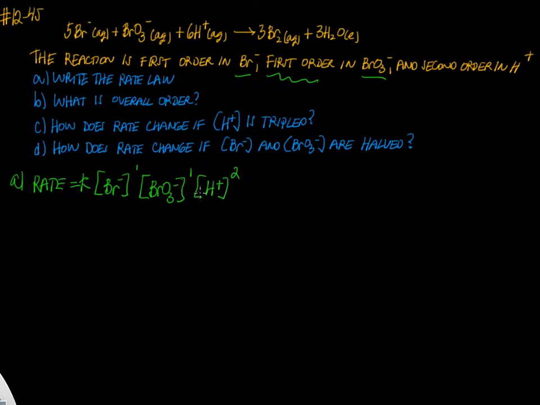to the second power. Okay, now if something is raised to the first power, it's just equal to itself. So normally we don't even write the first power, so we would just write something like this. Okay, so part B now asks what is the overall order, and that's just the sum of the individual orders.